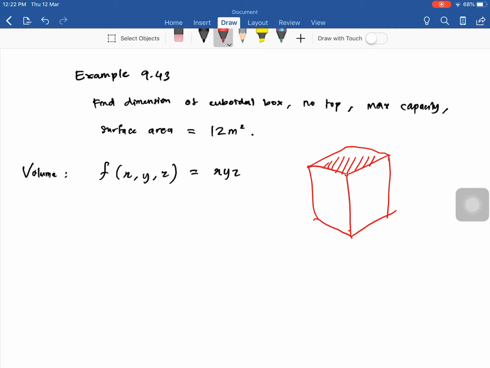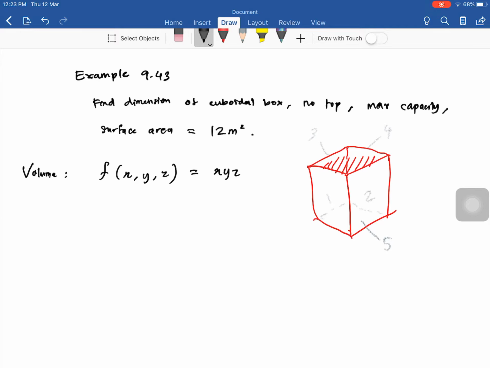So the surface that is available is only 5, which is 1, 2, 3, 4, and the bottom one, 5. Okay, remember that. So now let's say this is x, and this is y, and this is z.